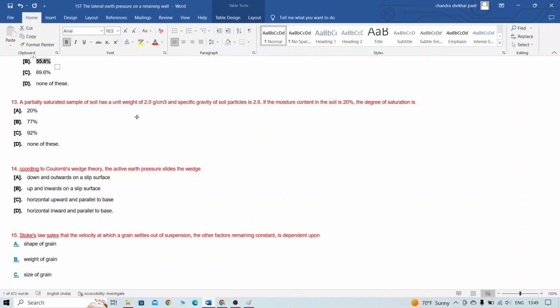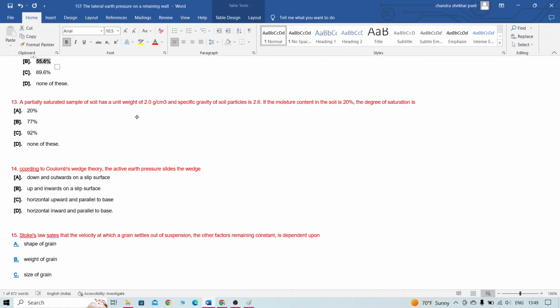So gamma d equals gamma of soil, that is 2, upon 1 plus the water content, given as 20%. The value is coming out to be 1.67. Again we have to calculate e. For this, gamma d equals G gamma w upon 1 plus e, so e equals G gamma w, 2.6, upon gamma d, minus 1.